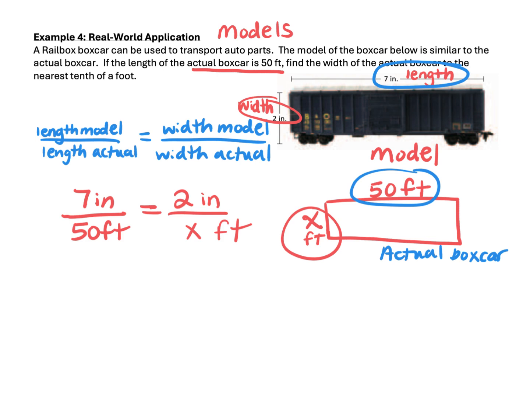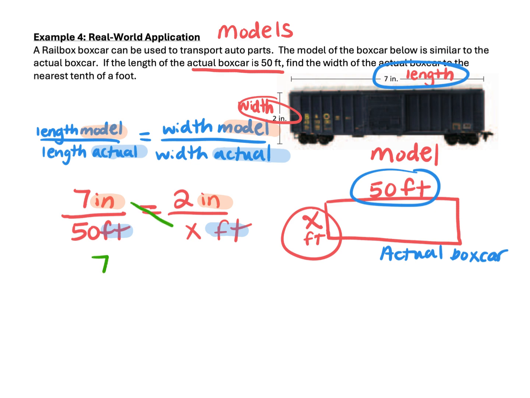So notice how I have the inches at the top of my fraction because the top of my fraction is all dealing with the model. And then I have the feet on the bottom of my fraction, because that's dealing with the actual boxcar, which is much bigger in feet.